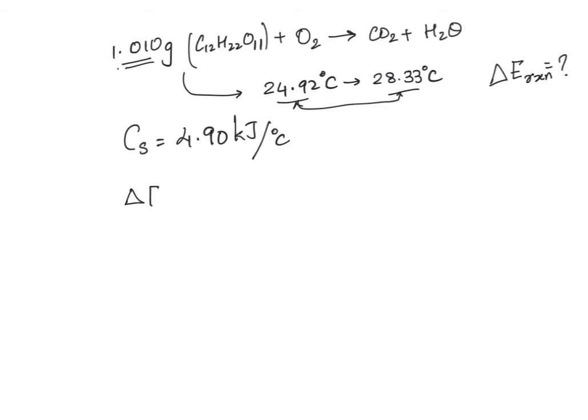We want to get the delta E of the reaction, which in this case is the combustion of sucrose, in kilojoules per mole of sucrose. We need the units to be kilojoules per mole of sucrose.